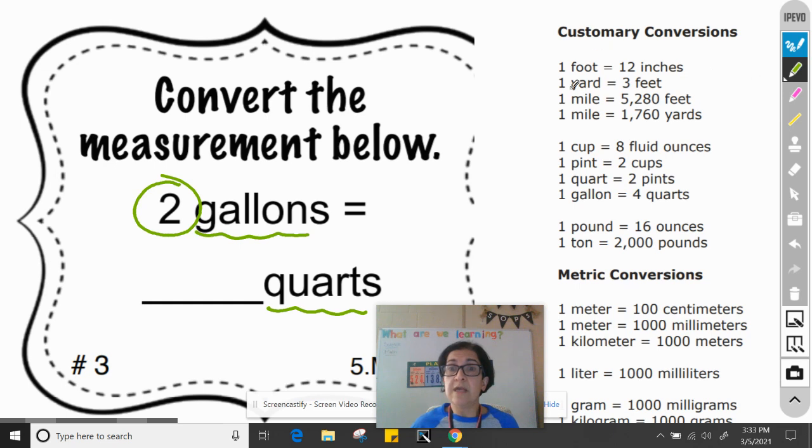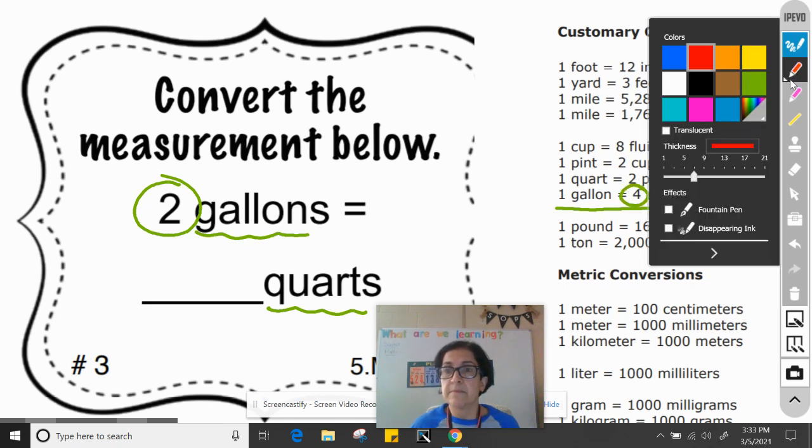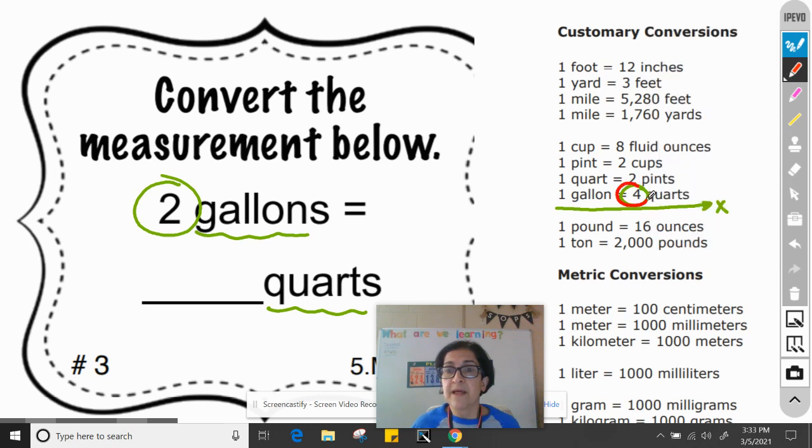Okay. So I go here. I find gallons. Oh, I see gallons here. Oh, it's going to quarts. So gallons to quarts. I'm going in the direction I read. So I multiply. And I multiply by, remember that number. The number here. I'm multiplying by that number.